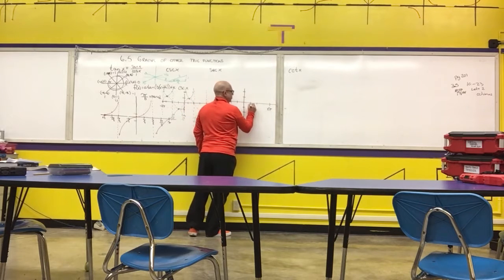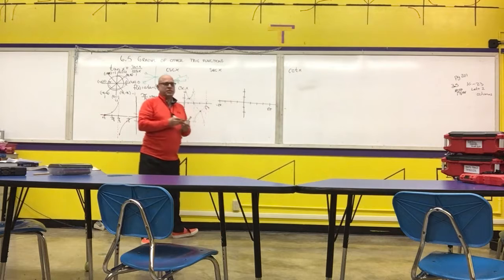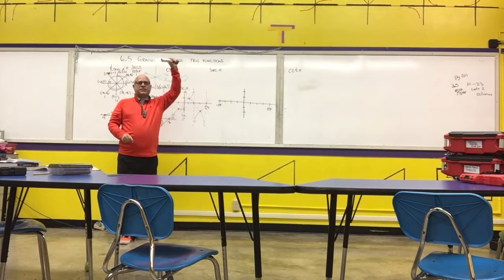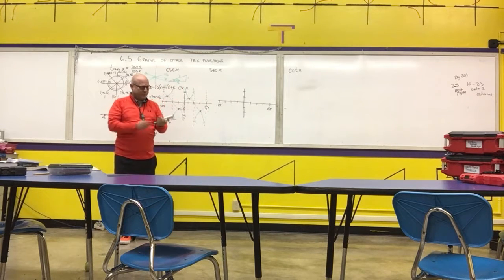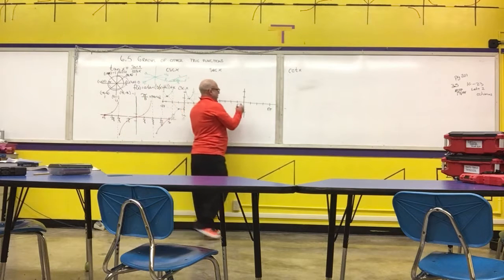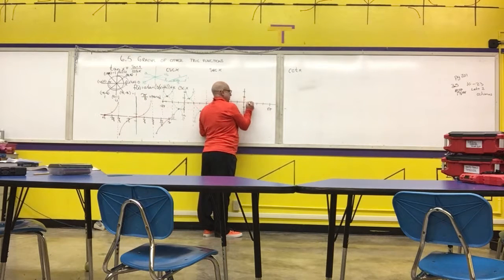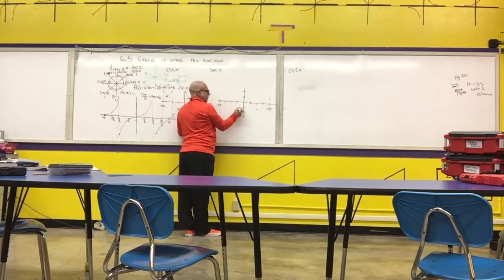And the way I told you to remember how to graph the cosine function is cosine starts at its maximum and goes down. So if I start at my maximum, which is 1, going down first, this would be the quadrantal angles for my cosine function. And I'm going to dot that in.